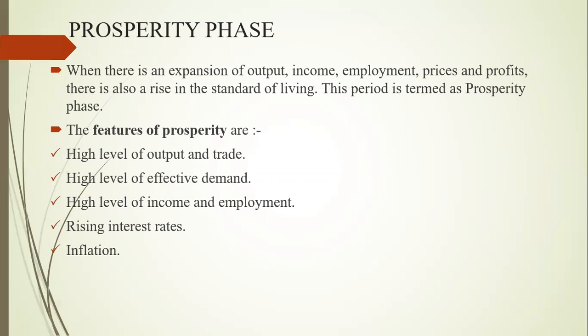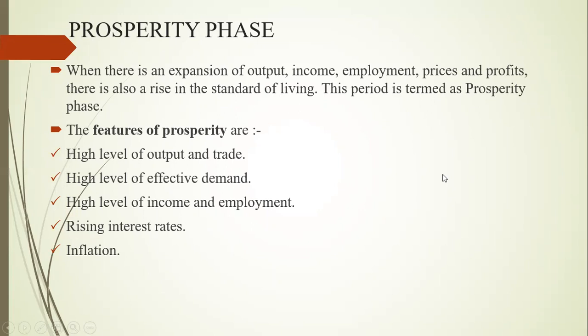The prosperity phase is the phase where there is an expansion of output, meaning output will increase and production will happen. And if production is happening, it means more employment, as more people are required to produce goods and services. As a result, individual income will increase, and prices and profits will also increase because there will be aggregate demand in the market for the products, since people have disposable income which they can spend because they are employed.